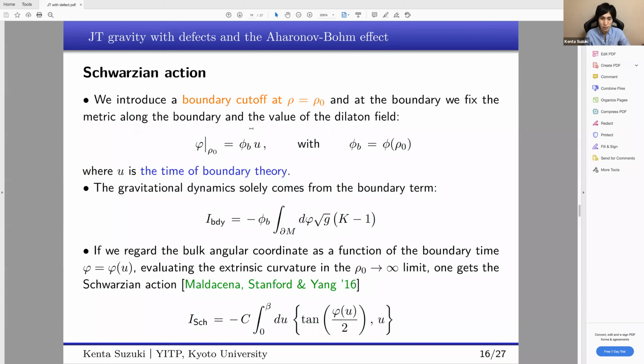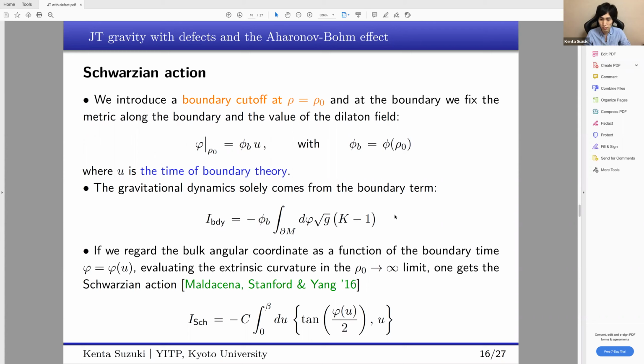Fixing the metric on this boundary cutoff means that we fix the angular coordinate of the bulk geometry at this boundary cutoff. We take the value of the angular coordinate at this boundary cutoff to be this combination phi b times u, and we regard this u as the time of the boundary theory.